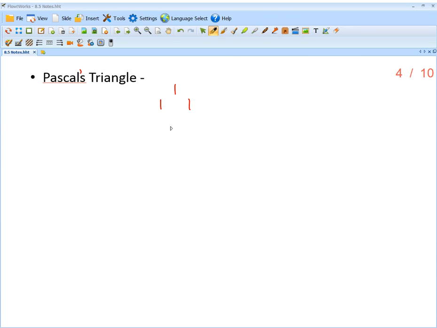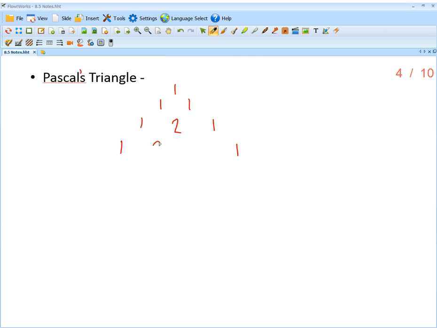Again, what this is giving you is the coefficients as I binomially expand. Then I'll have 1, and what you're really doing is adding these two things together to get what's in the middle of them. So I'm going to have 2, 1. Then I'll have 1. These outsides are always going to be 1.